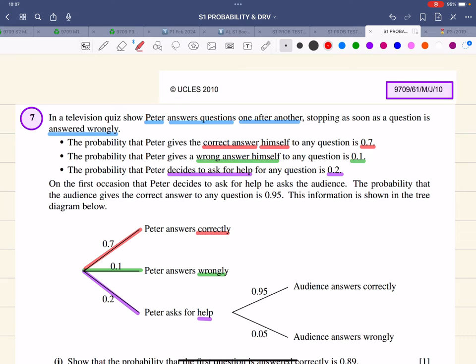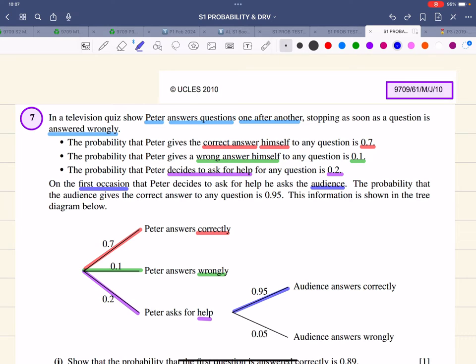So now if I carry on, it says on the first occasion that Peter decides to ask for help, let me grab another highlighter, an orange one this time, or maybe a deep blue one. So now Peter decides, that's the first occasion. Peter decides to ask for help. He asks the audience. So now this is for the audience, and the audience will answer correctly or wrongly.